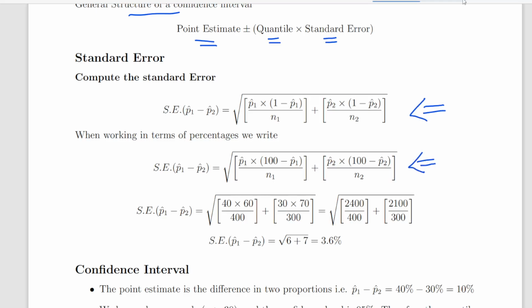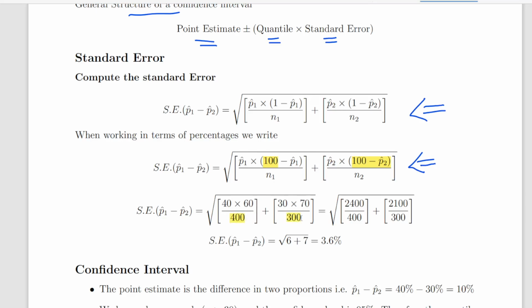The only thing I've slightly changed is to express the complements as 100 minus such and such, rather than 1 minus. If we're dealing with percentages, we change 1 minus p hat 1 to 100 minus p hat 1, because we're denominating our percentages between 0 and 100.